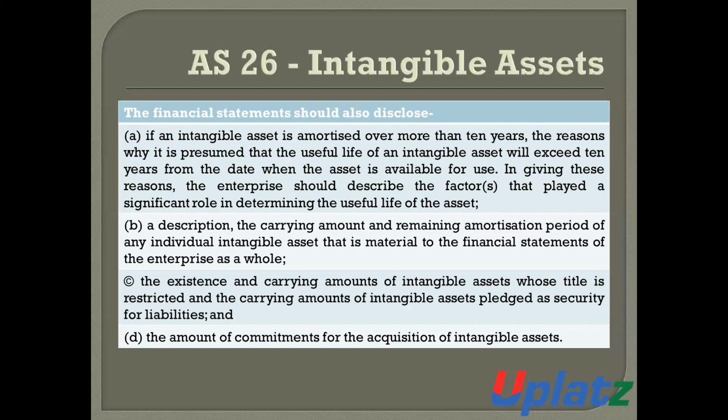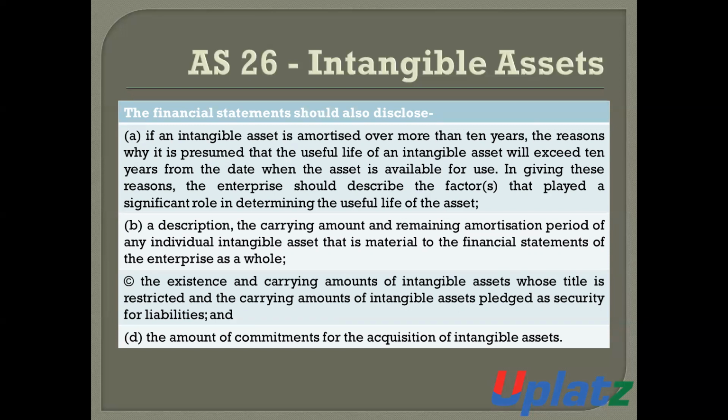That is, there is a requirement to disclose a description of the carrying amount and the remaining amortization period of an individual intangible asset that is material to the financial statement of enterprises as a whole.